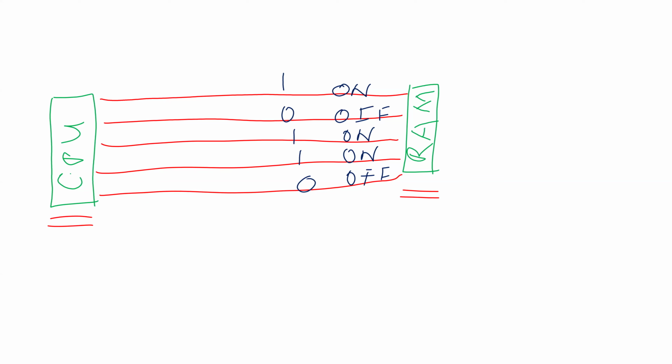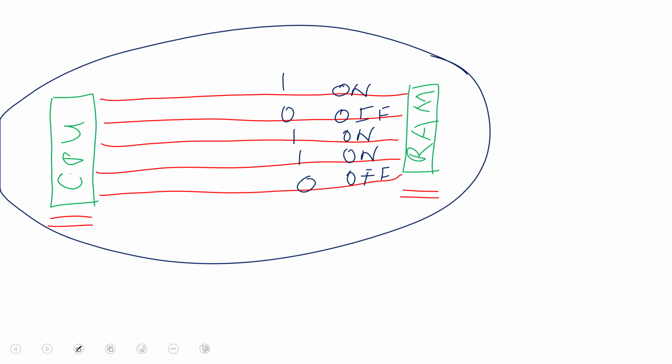In my illustration that I am drawing here, I'm indicating that we need to have a bus. Remember what buses are in the topic of Form 1. There is a bus which links the CPU to the random access memory. In this case, it is a 5-wire bus.